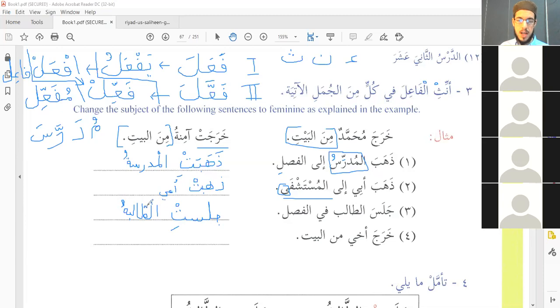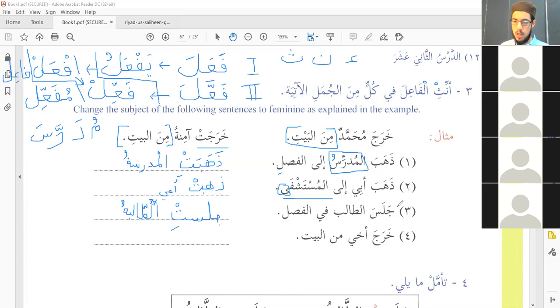We go to the ta because it's a sun letter. We're not going to pronounce the lam, or the hamzat al-wasl. Jalasatit talibatu. We double the ta and get there with a kasra.